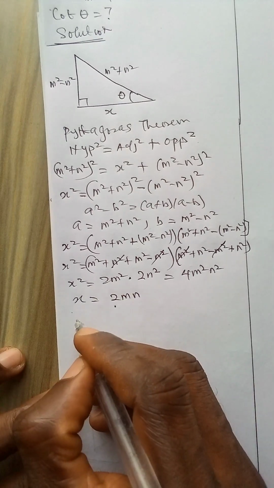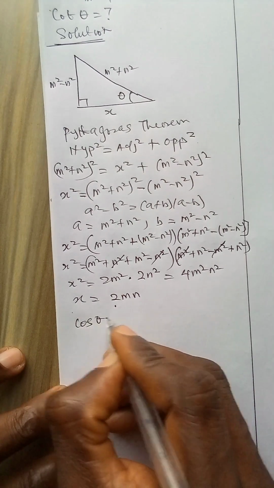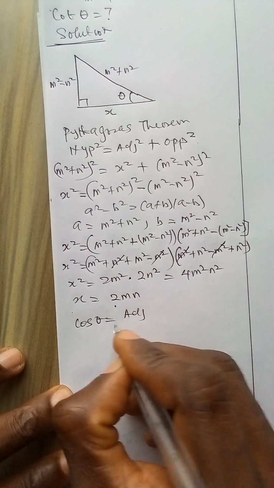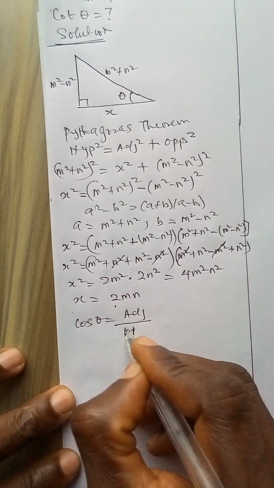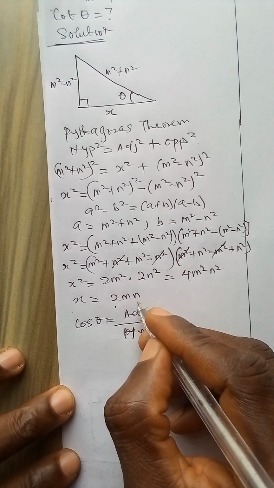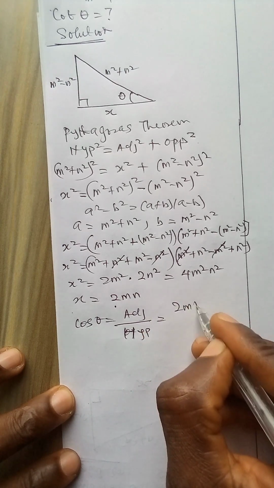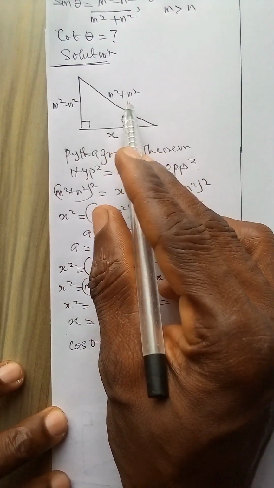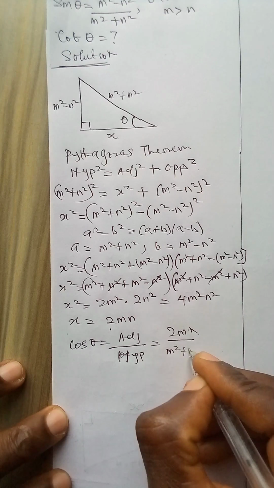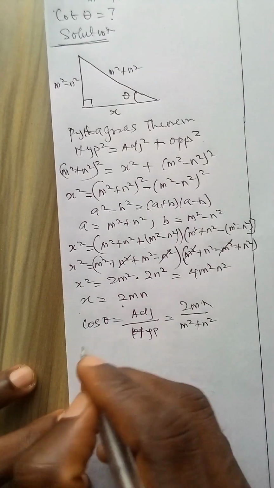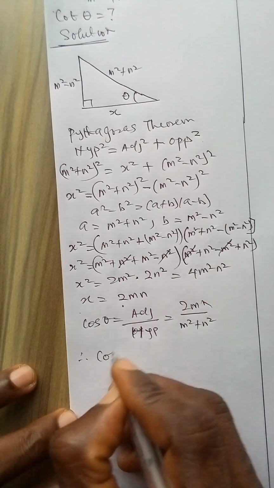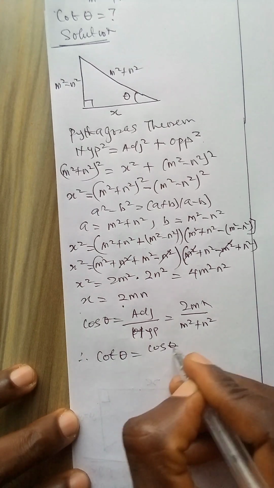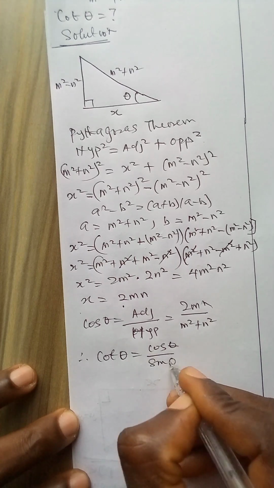Now, we define cos theta as the adjacent side all over the hypotenuse side. The adjacent side we just found is 2mn, and the hypotenuse side is given as m squared plus n squared. Therefore, cot theta is defined as cos theta over sine theta.